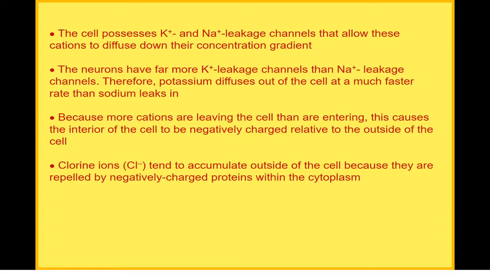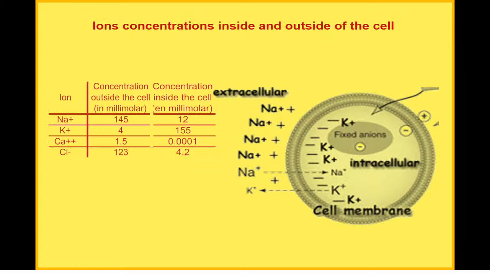Chlorine ions tend to accumulate outside of the cell because they are repelled by negatively charged proteins within the cytoplasm. And look, this combination of the ions leads to the development, next time we will consider this in detail, of two kinds of electric fields inside and outside of the nerve cell, as it is shown here.